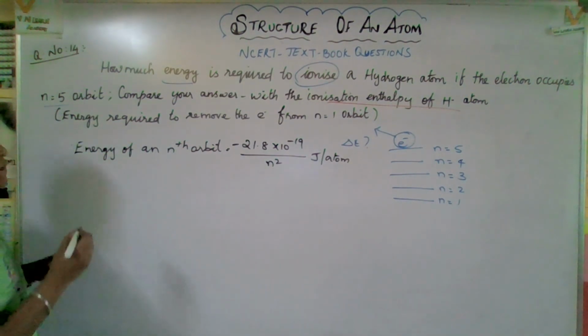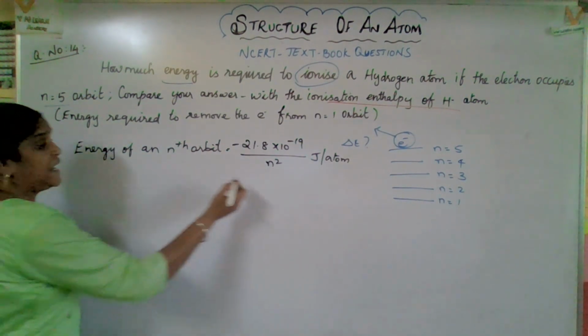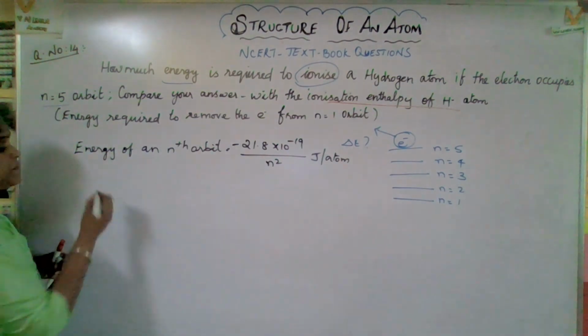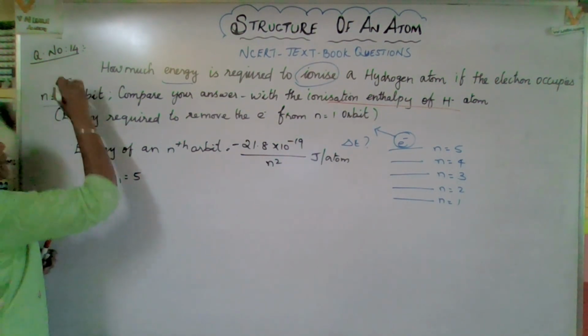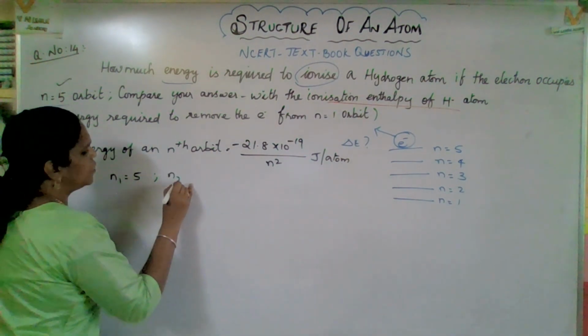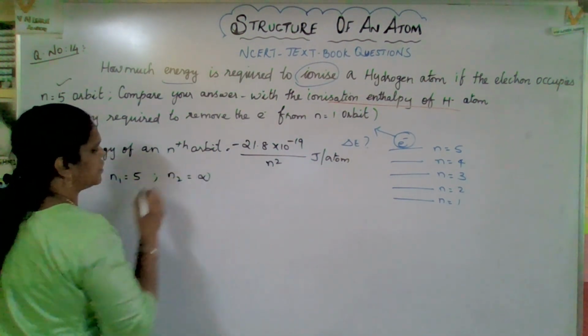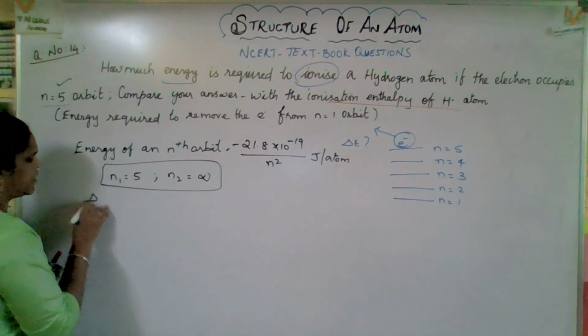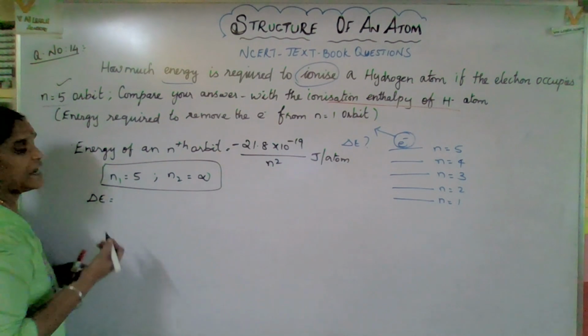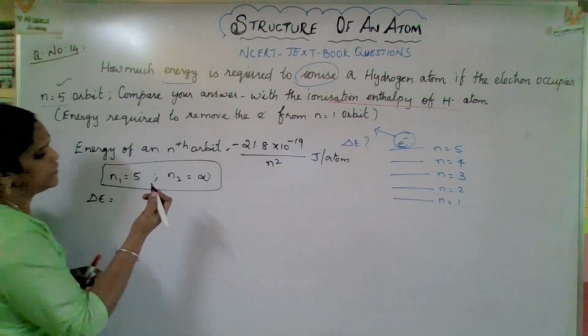Now, here n squared is mentioned, so n1 equal to 5 and n2 equal to infinity. So let us find the formula for delta E, the energy required, between n1 and n2.